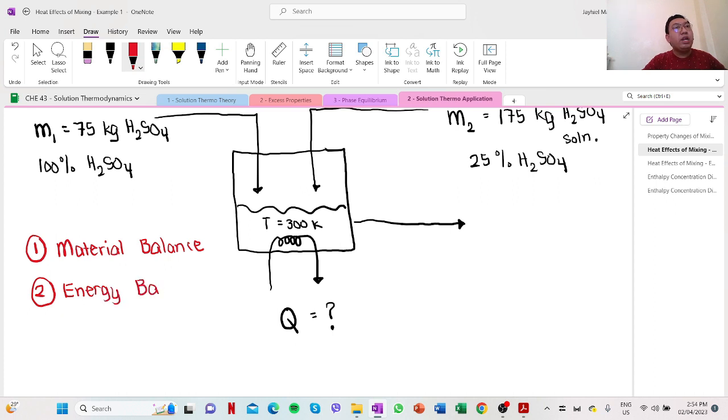If you can recall from your chemical engineering thermodynamics course, there are many forms of energy involved in a particular process, but we are going to simplify everything by assuming that the kinetic energy, potential energy, and shaft work have no significant effects on the heat effects of mixing.